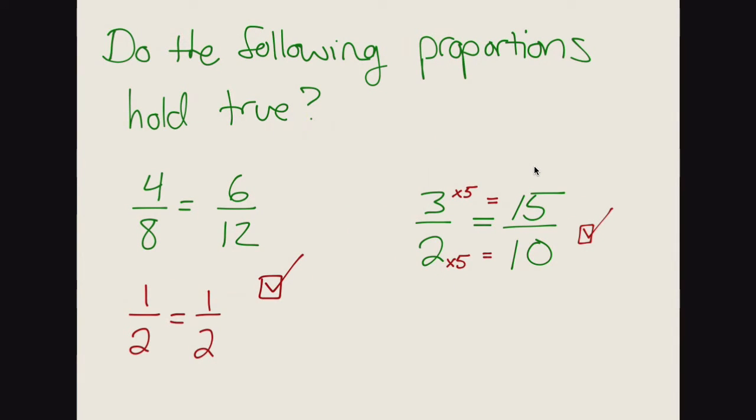Mackenzie Berg, you are totally right. I could do that. I could take 15 divided by 10 and 3 divided by 2, and they both would equal 1.5. Savannah, take 3 divided by 2.